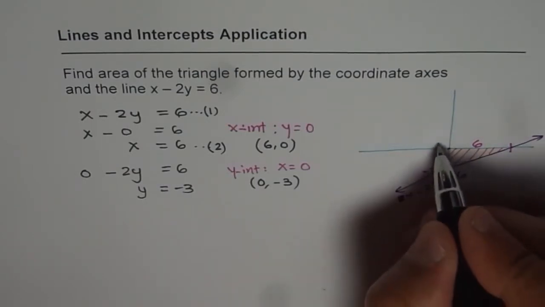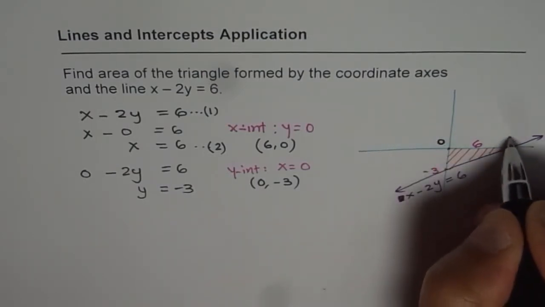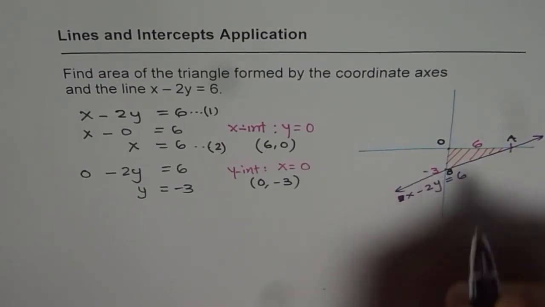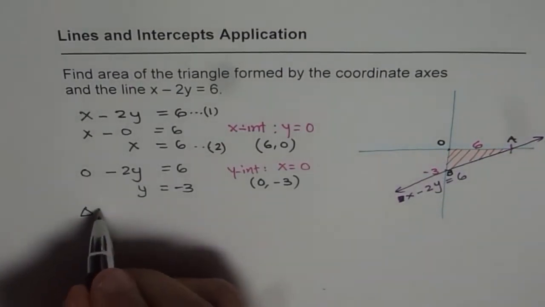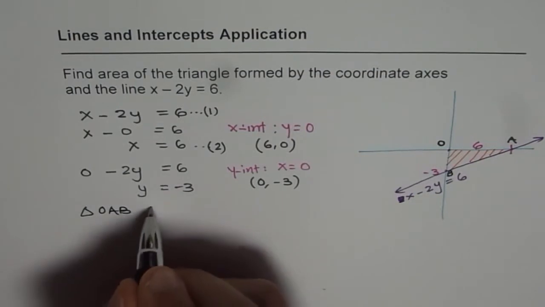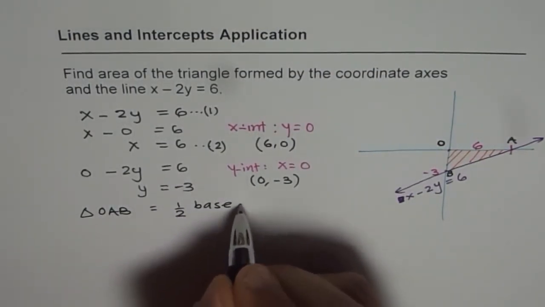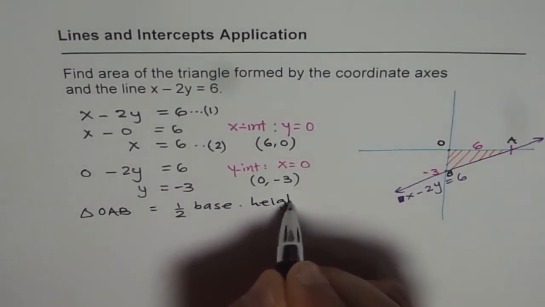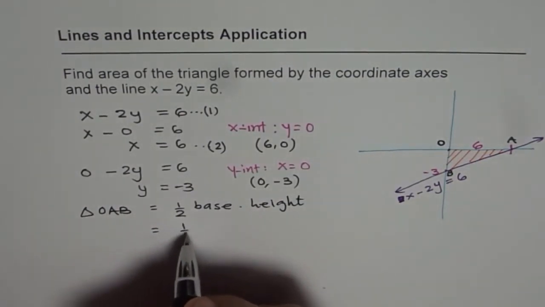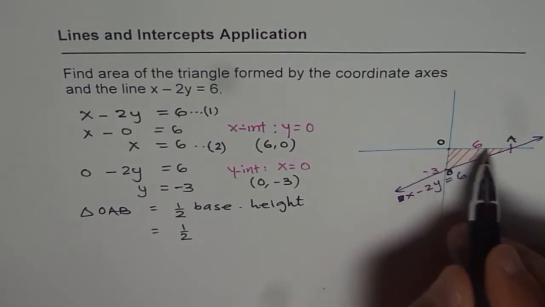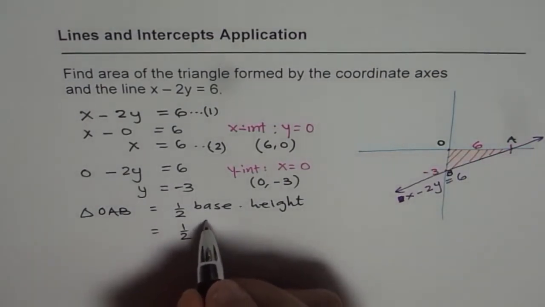Now let's say the points are O, A and B. So the area of triangle OAB is equal to half base times height. Base, as you can see, is OA, which is 6.